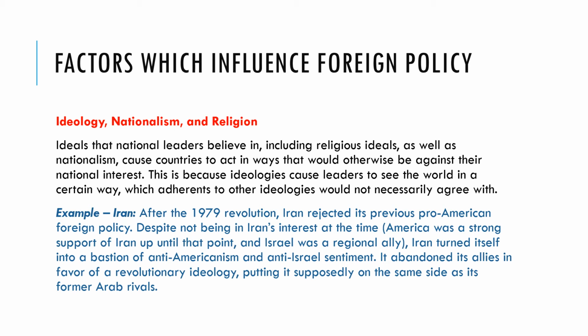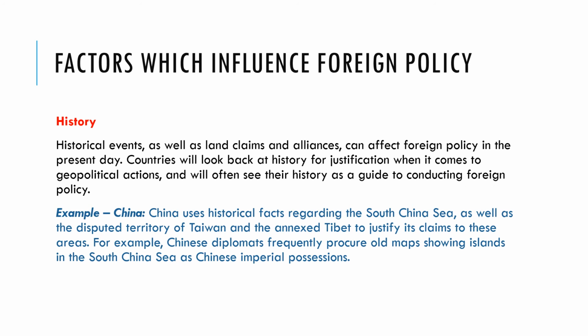Iran turned itself into a bastion of anti-Americanism and anti-Israel sentiment. It abandoned its allies in favor of a revolutionary ideology based on some religious background, putting it supposedly on the same side as its former rivals.